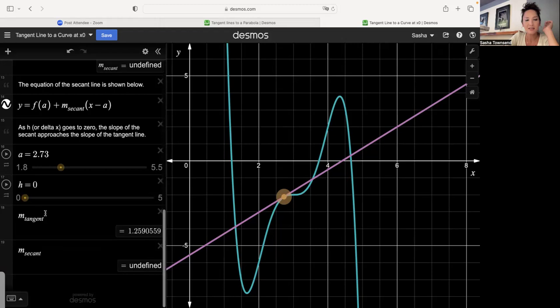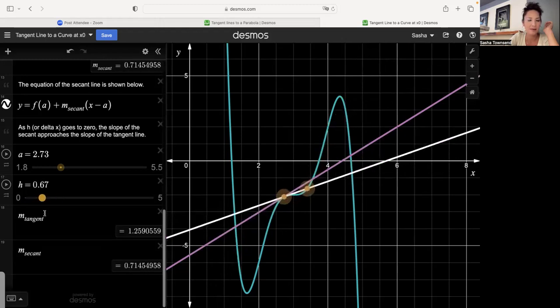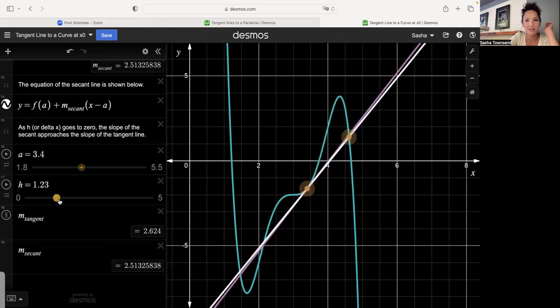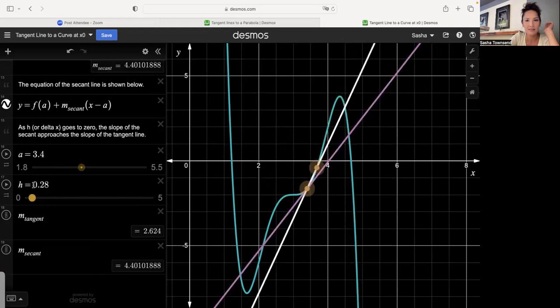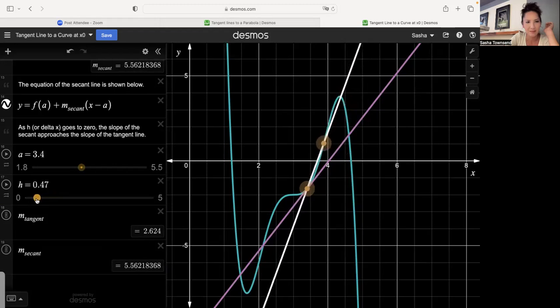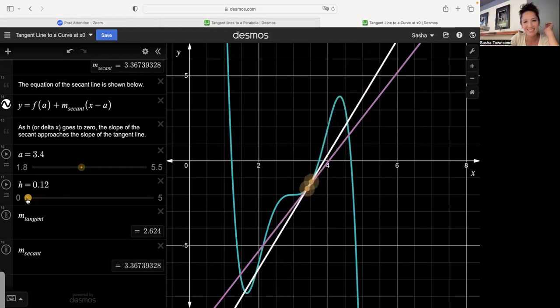That way you can see that second point can go to the left of a, f of a. You can change a, change the second point, and the second point always approaches the first. But the key is that the slope of the secant approaches the slope of the tangent. It's a little bit difficult to see, but that's the idea.